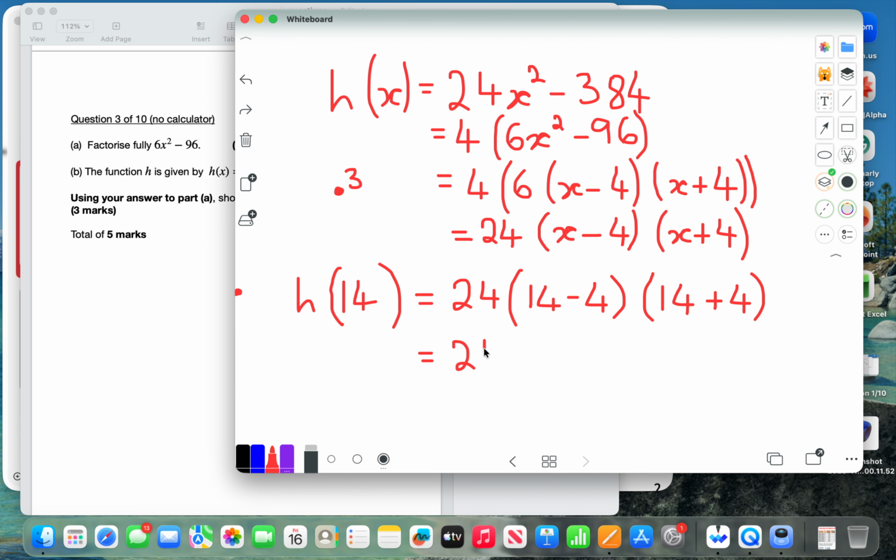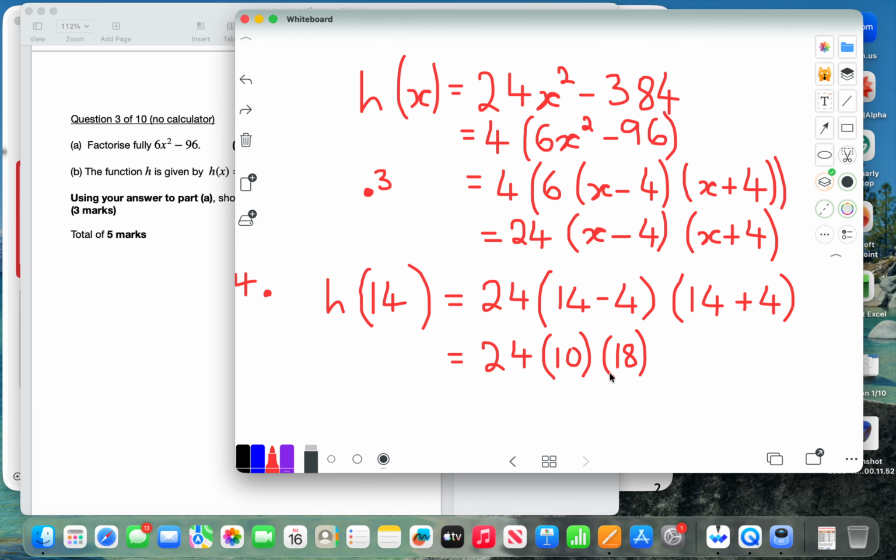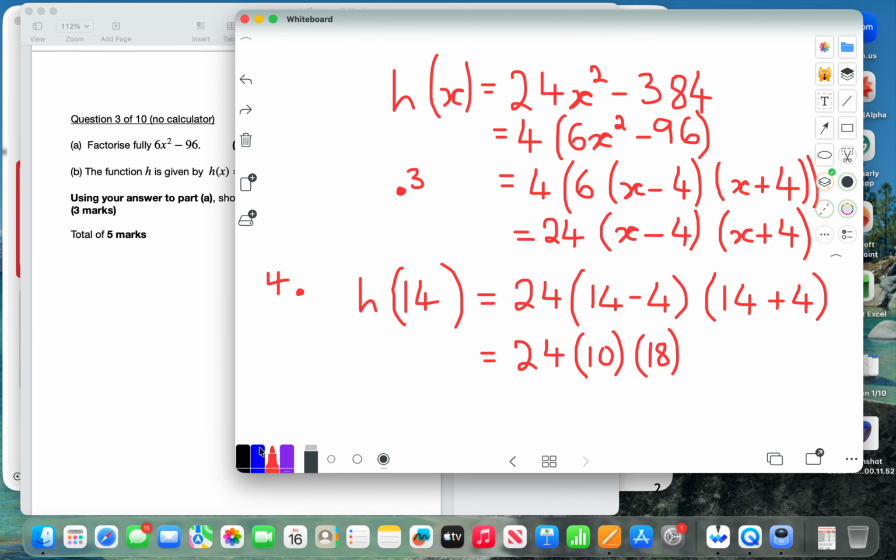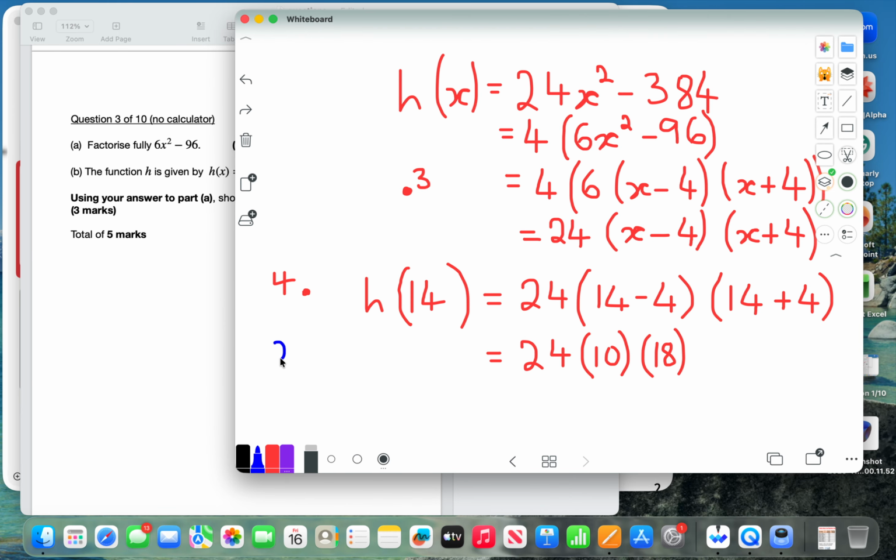14 minus 4 is 10. 14 plus 4 is 18. Let's do a doodle and do 24 times 18. You do not have access to a calculator, so you have to do this with long multiplication. The 4 times 8 is 32, so 2, carry the 3. 2 times 8 is 16, plus 3 is 19.